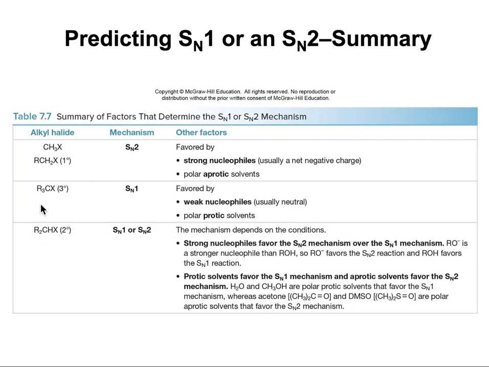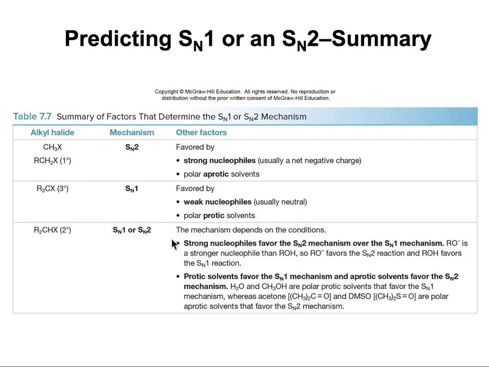And when we have a secondary alkyl halide, then we have to look at the nucleophile and at the solvent. This is when we're going to have a competition between the two mechanisms.